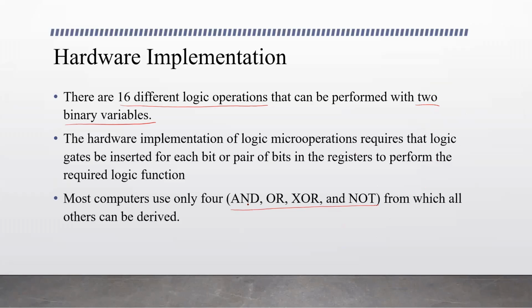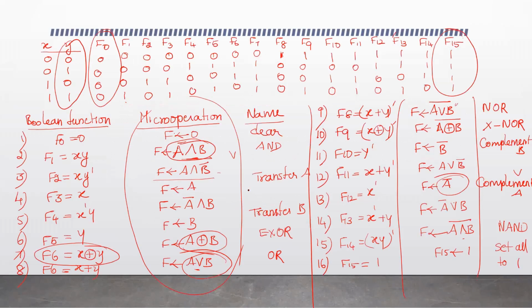In the hardware implementation, there are 16 different operations that can be performed. Logical microoperations can be performed on two binary variables, X and Y, and this truth table shows the 16 different functions obtained.